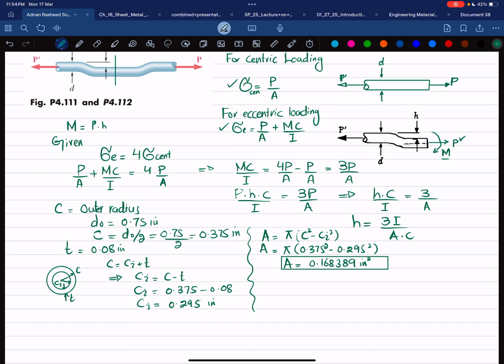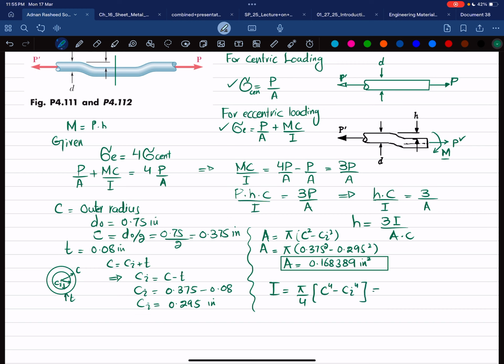Now we will find I. As we know, I is the second moment of inertia. If you are using radius, it is pi by 4 C power 4, and if diameter, then it will be pi by 64 d power 4. Since it is tubular, we will use pi by 4 times C power 4 minus C inner power 4, where C inner is the inner radius.